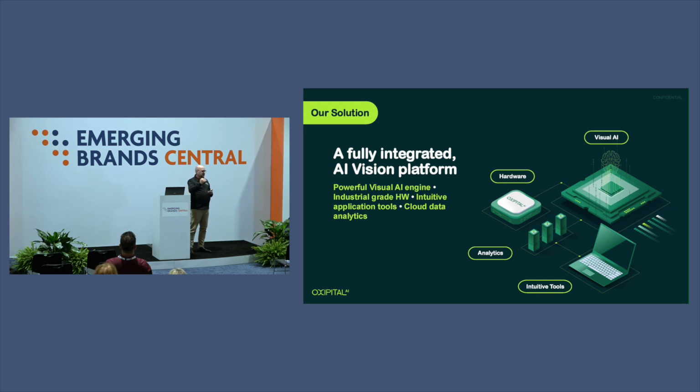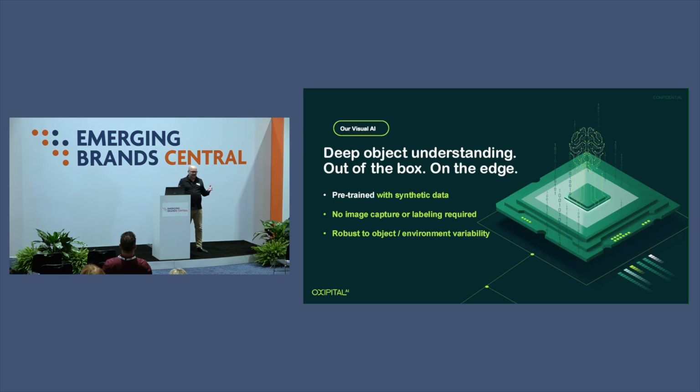Maybe you want your thresholds lowered, maybe you want your rejection rates changed. We give you those tools to pull levers once we generate that AI network for you. Like I said, that gives you that deep understanding out of the box and on the edge: pre-trained with synthetic data, no image capture or labeling required, and robust, ready to work right in that environment.